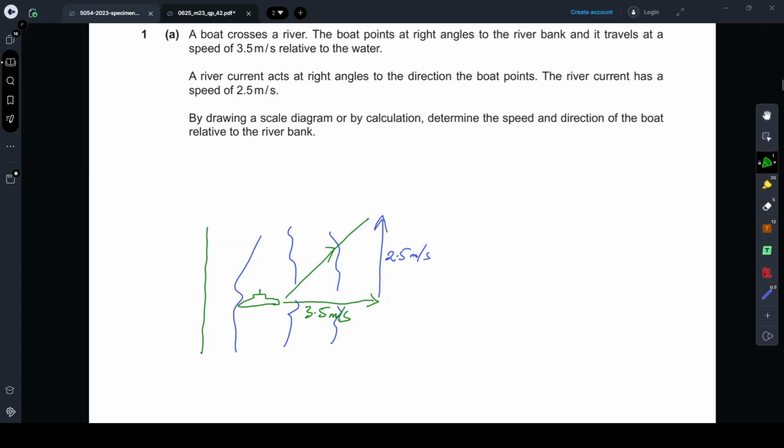We're going to use v squared = v_b squared + v_r squared. So what are we going to get out of this? 6.25 plus 12.25, and when we add that, we get under root 18.5.